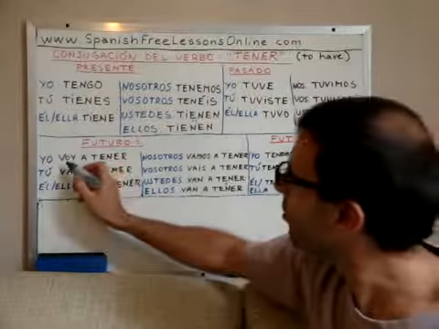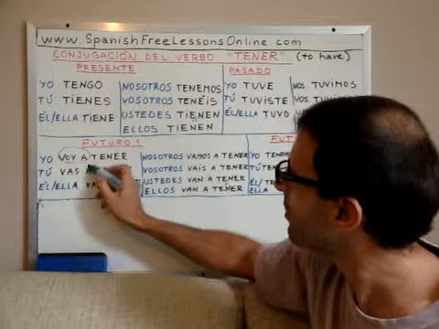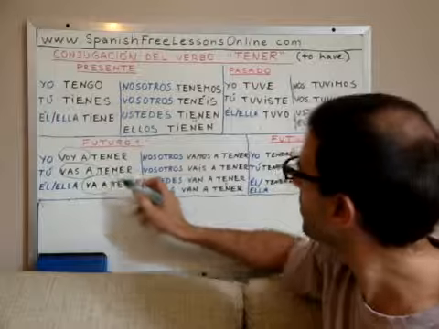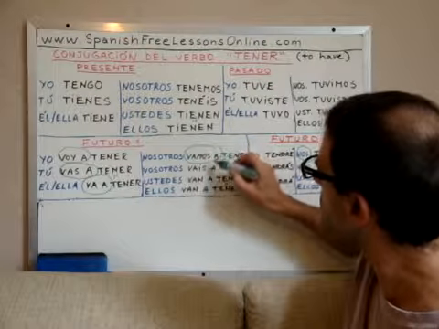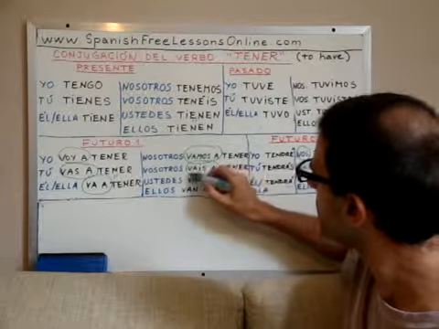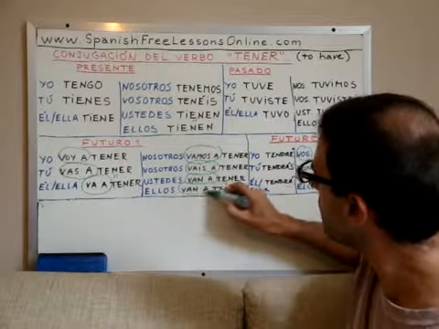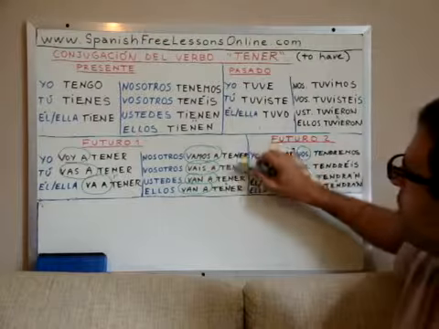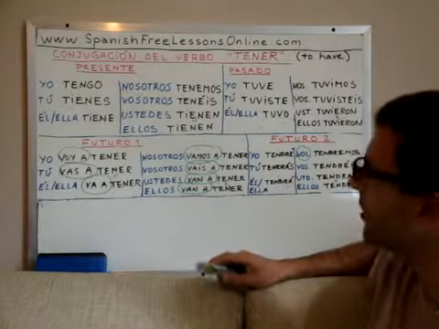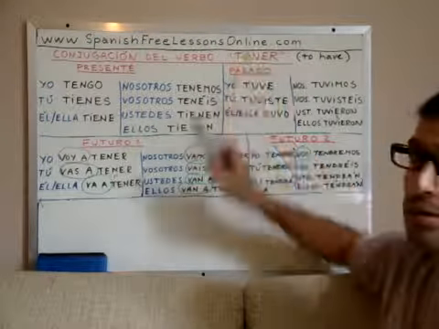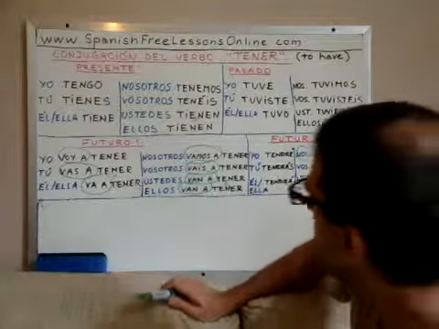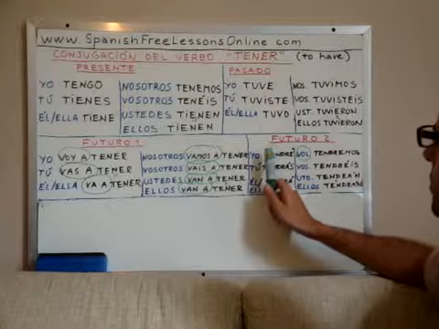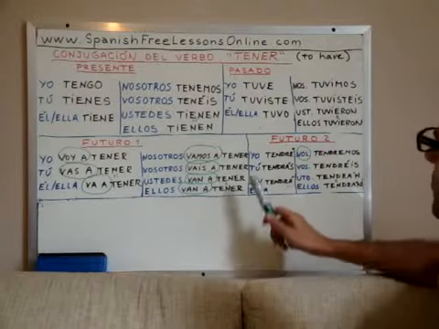This remains always the same for whatever verb you want to conjugate, and you only add the verb in infinitive that you want to conjugate. In this case, it is the verb tener, to have. Right? So easy.